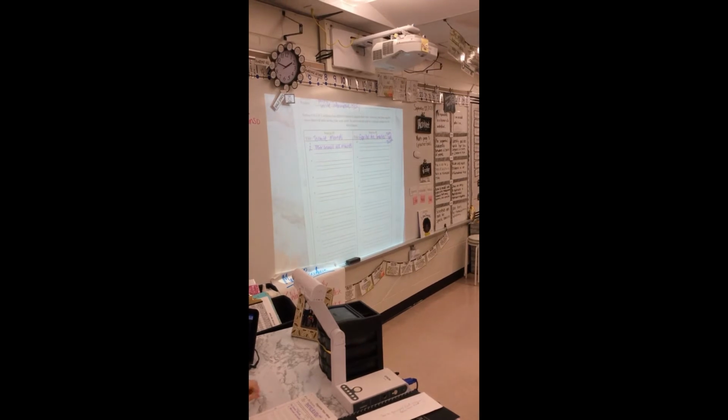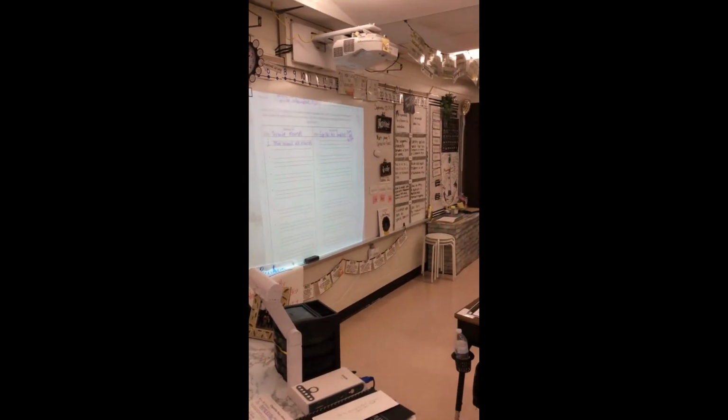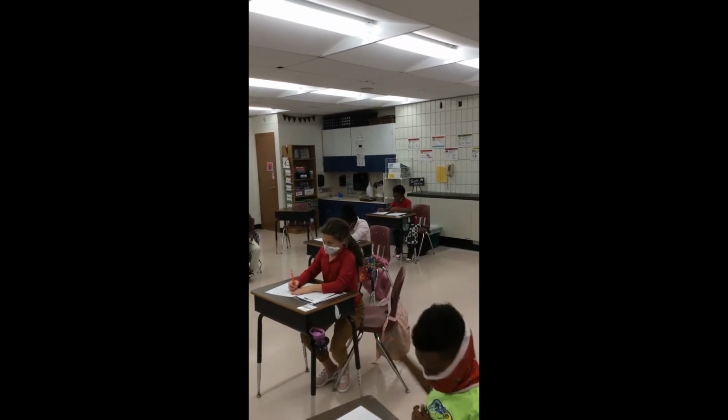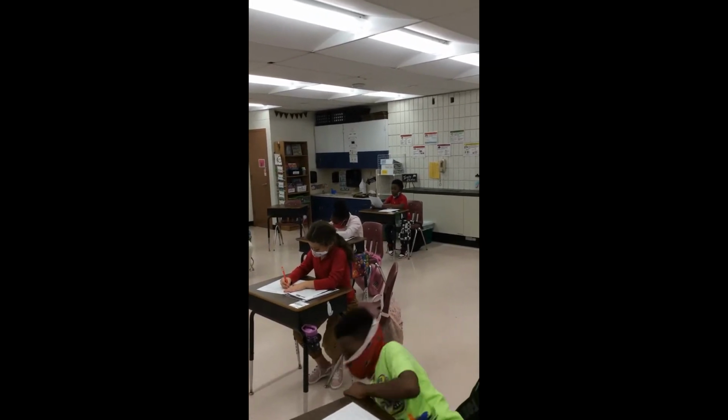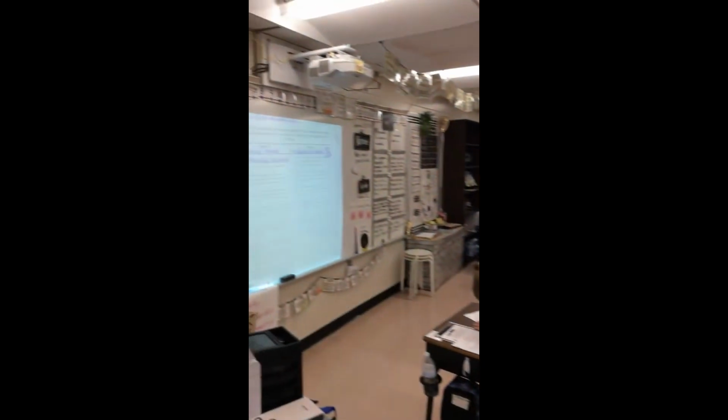How about in paragraph 3? What did we underline in paragraph 3? Yes, sir, in the back. Cheetahs use the mound as a lookout point. Yes. So right here, next to this dot, we're going to do a 3 because this is coming from paragraph 3.